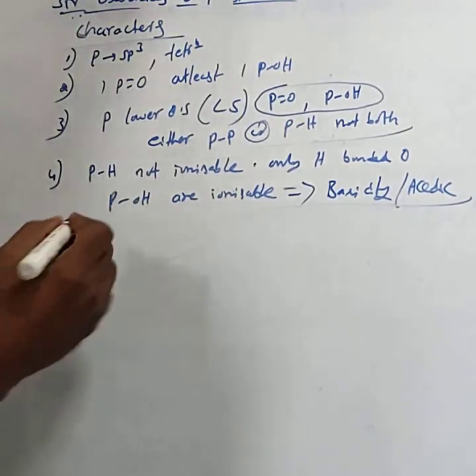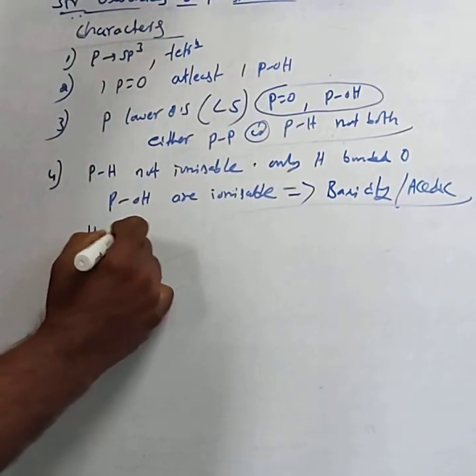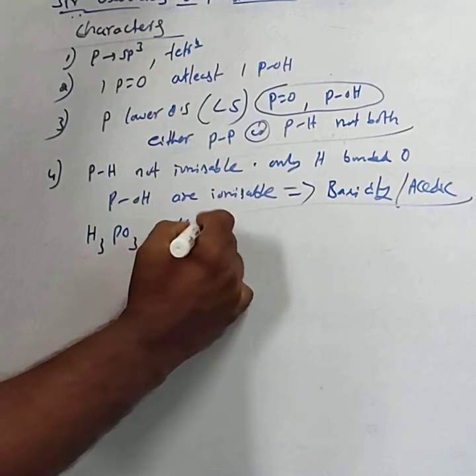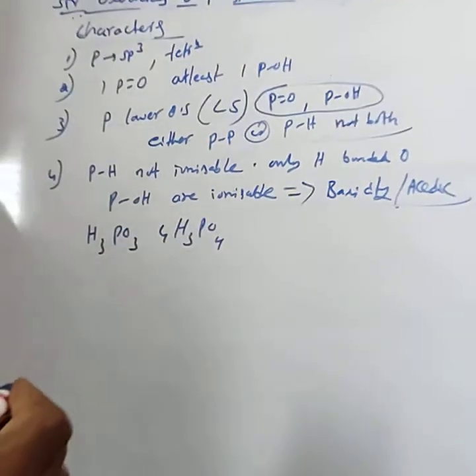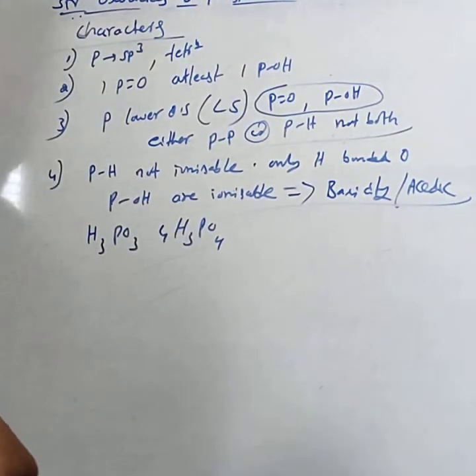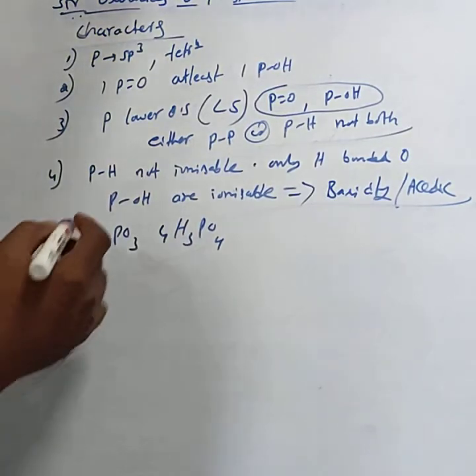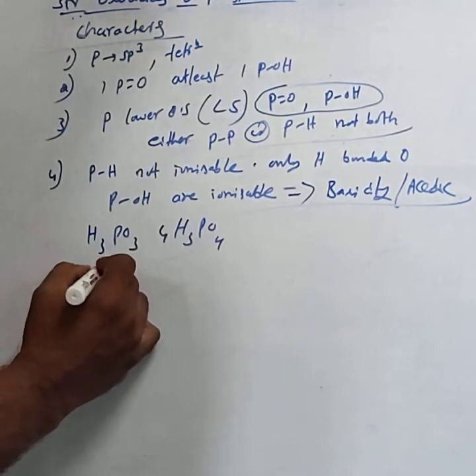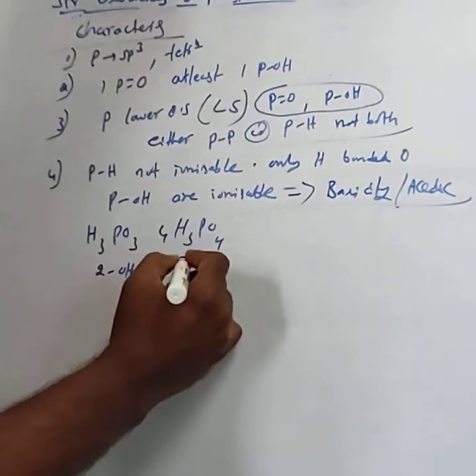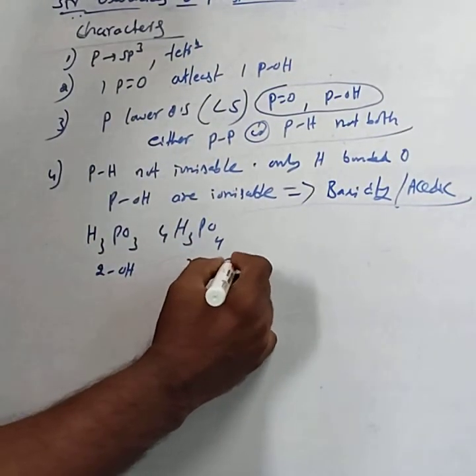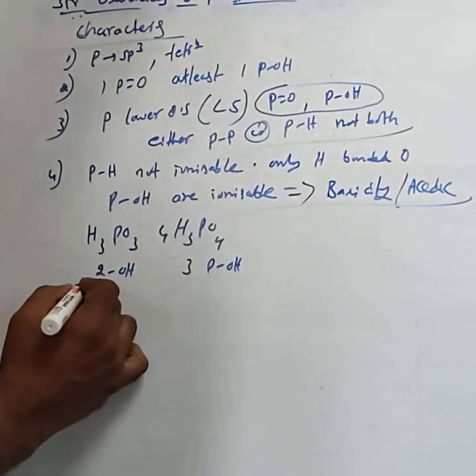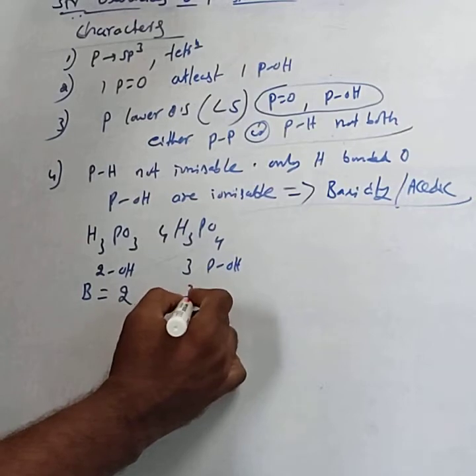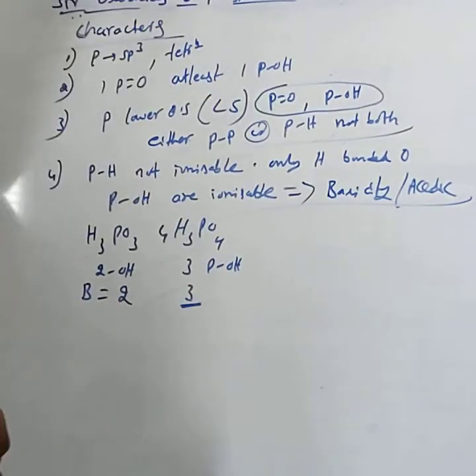Consider H3PO3 and H3PO4. H3PO3 contains two POH bonds. H3PO4 contains three POH bonds. Hence, basicity for H3PO3 is 2. Here it is 3.